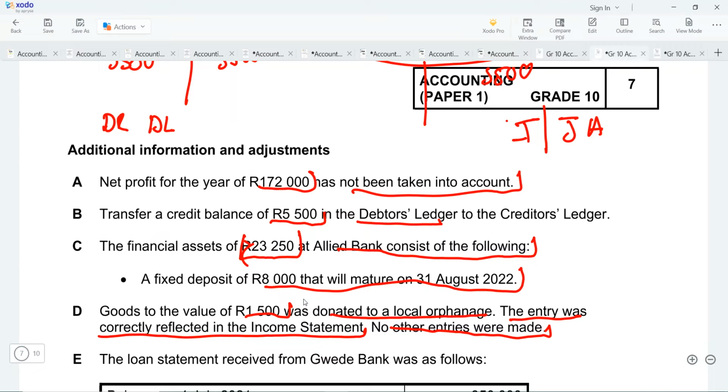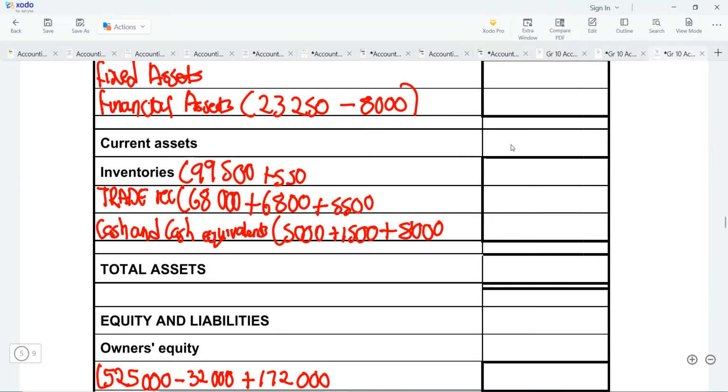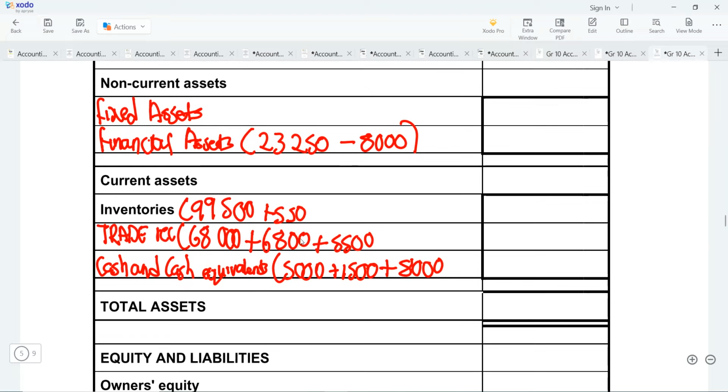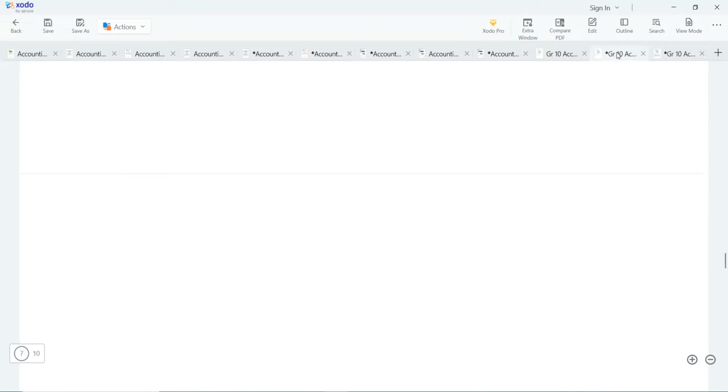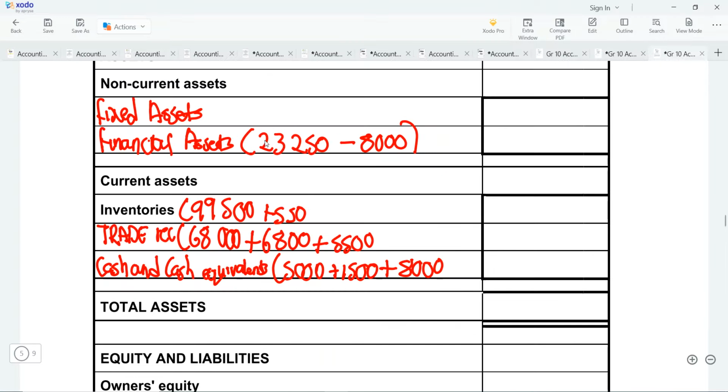So we must reduce the value of our inventories by 1,500. Remember, when we do donations, we debit donations and credit trading inventory or trading stock. So we're also supposed to subtract that 1,500 in our inventories, so we're going to say minus 1,500.